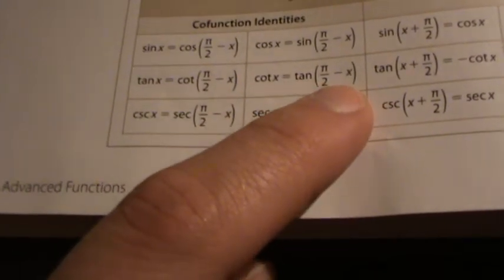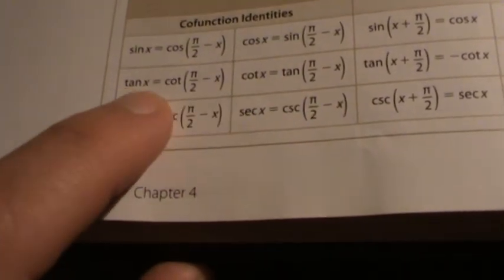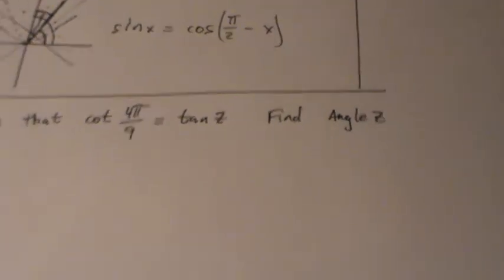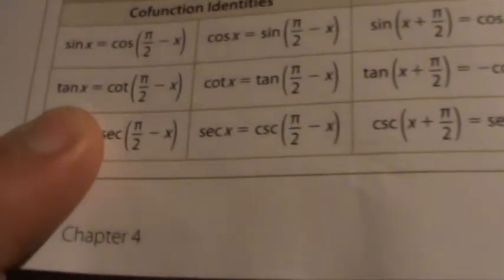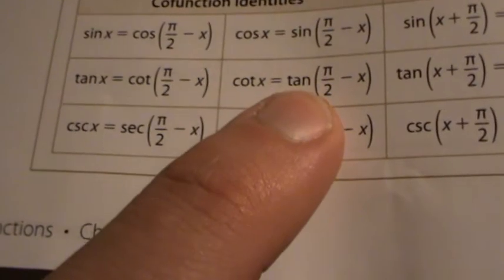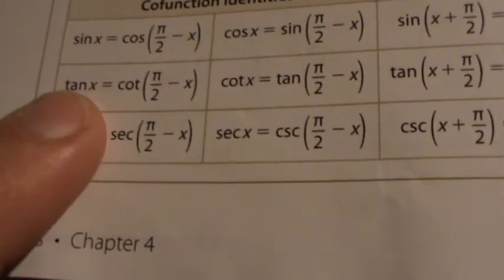I don't want to go with this one because I'm trying to find tangent of z. Note in the question, I'm trying to find tangent of z, not cotangent of z. And so this is the right one, not this one. So I'll write this down.